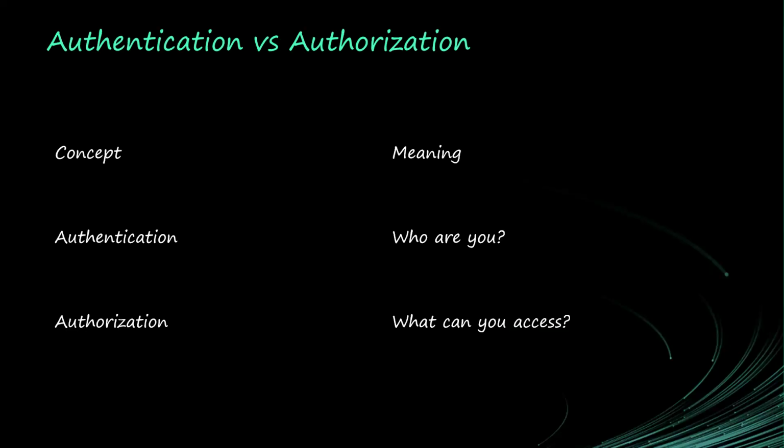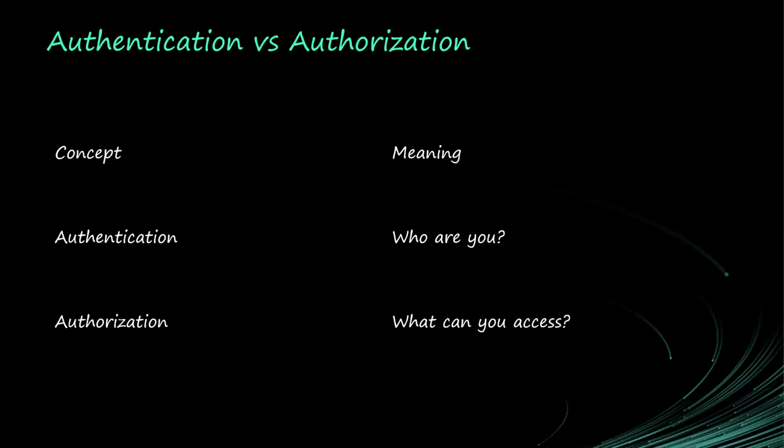Now, what is the difference between authentication and authorization? Authentication is who are you, while authorization is what can you access. You can be authenticated in a system, but you might not be authorized to have access to some resources. An ordinary user of the application cannot have access to the admin resources.